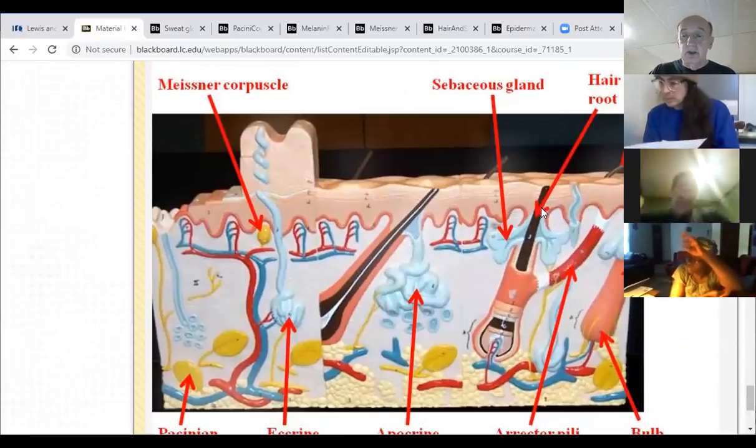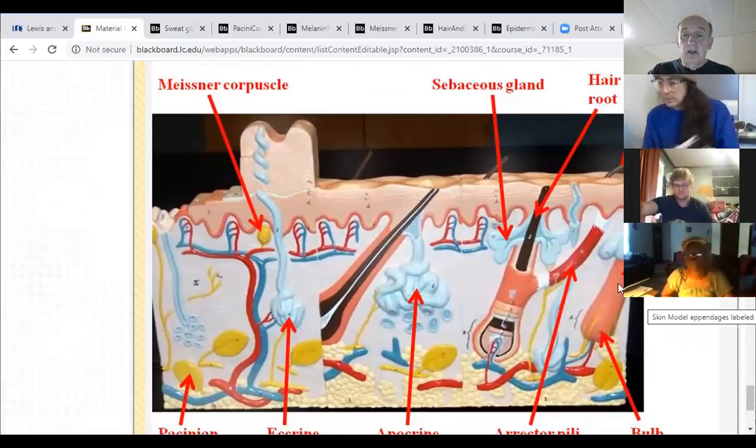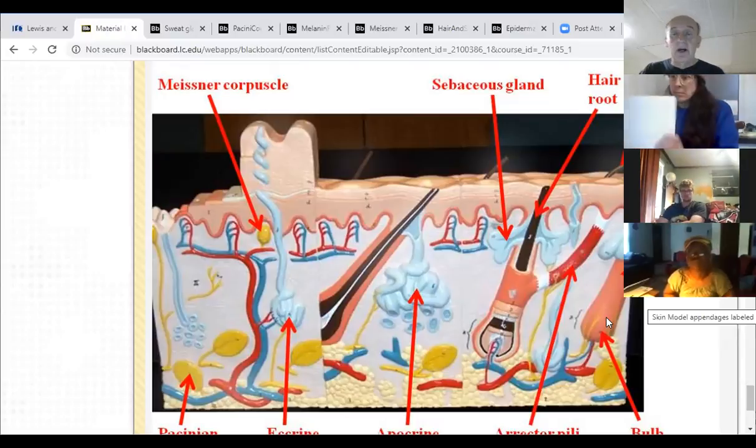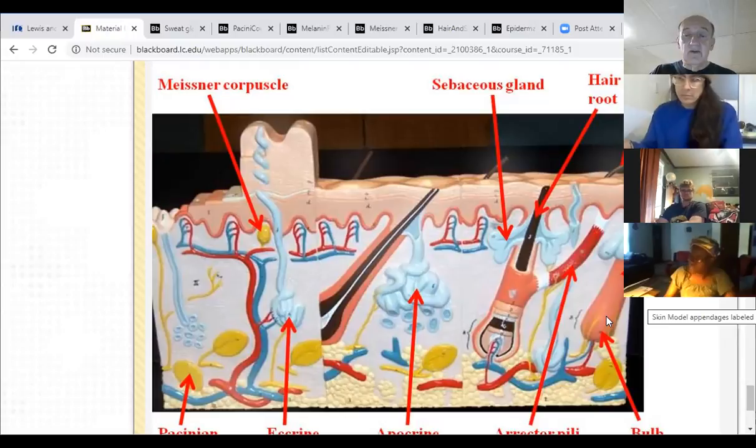Hair-related structures. We have the hair follicle, and in lecture we described how the hair, that set of cells, is growing out of this. You see this in a cross section right here, and the bulb region is this wider base.